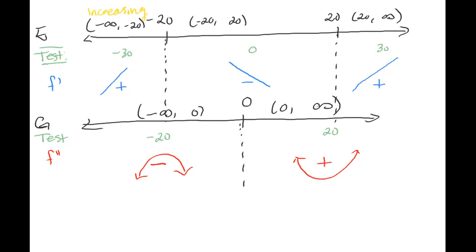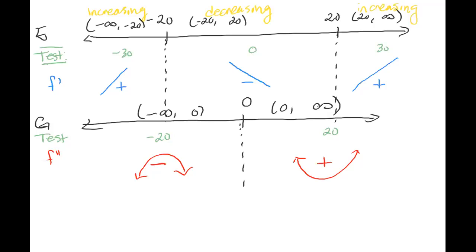And similarly, it is increasing from 20 to infinity. The first derivative is negative in the interval from negative 20 to 20, so the graph is decreasing in that interval.